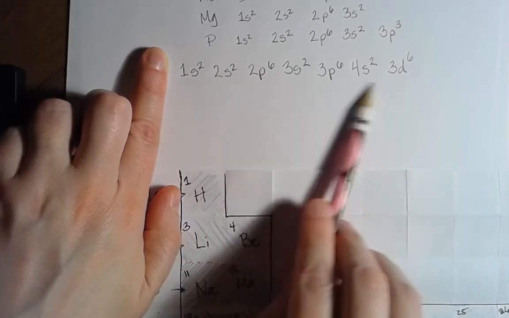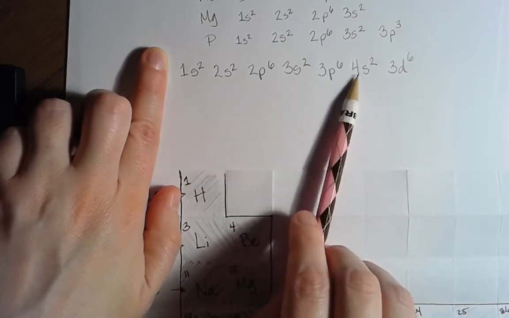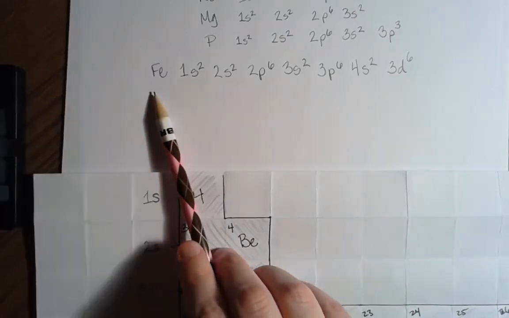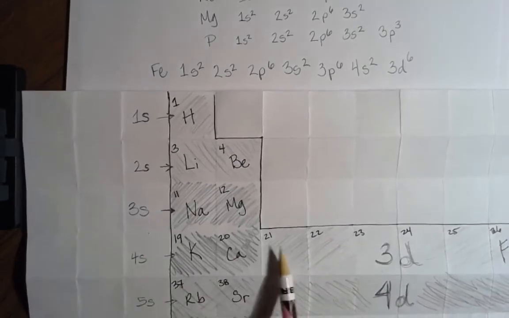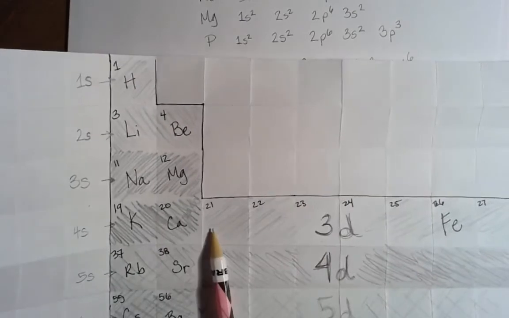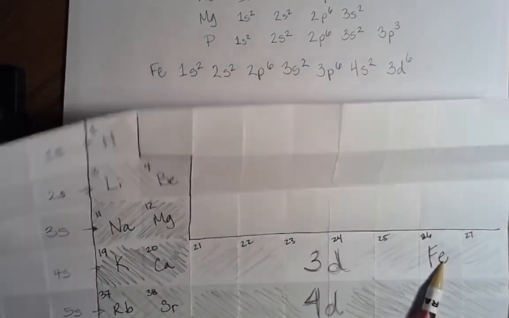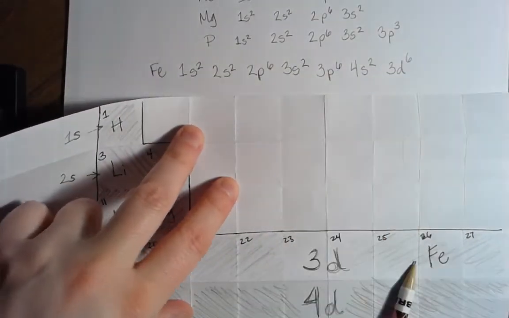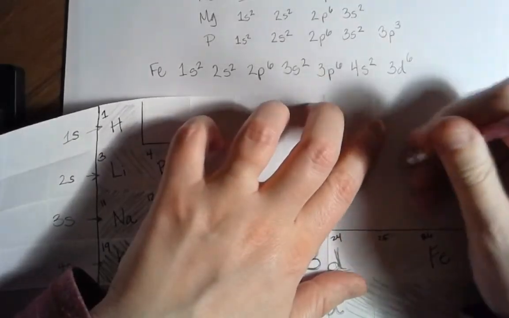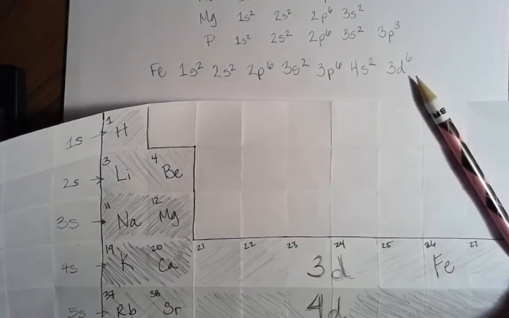You could use this electron configuration to figure out that this element is, and I just revealed that as if that made sense. We would do it by counting your 3d orbital until we have 6 electrons. So start from the side, 1, 2, 3, 4, 5, 6. At the point you hit 6 electrons in your 3d, you're sitting on iron. If you were given this electron configuration, you could figure out that that atom is iron.